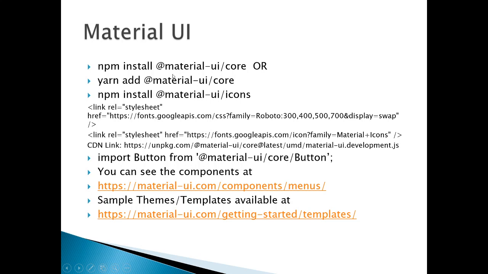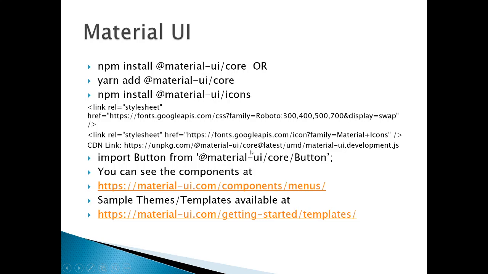Material UI is another option you can use. To install, you will use material-ui/core, and if you want to install the icons, you will use material-ui/icons. There are multiple options: you can provide the icon file, you can provide your Roboto file, and you can also add a CDN. There is a CDN option available for both development and deployment mode.